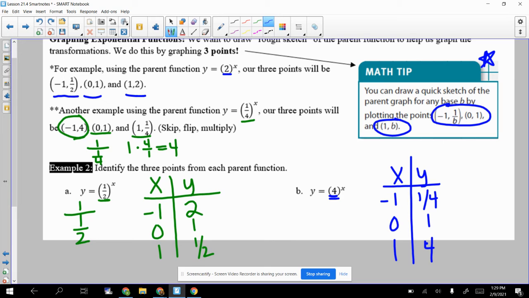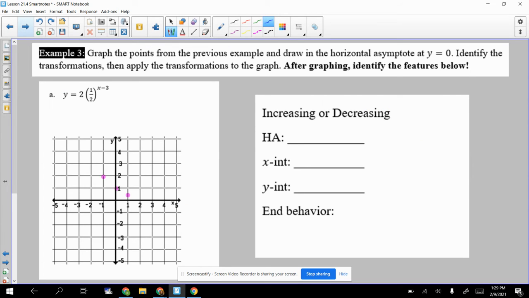Okay. Now, what we're going to do next is we are actually going to use these 2 parent functions to help us graph transformations. So if we go ahead and look at this next one, hopefully you guys can see here, but I've already plotted those points here in pink, so you can kind of see what the parent function would look like.